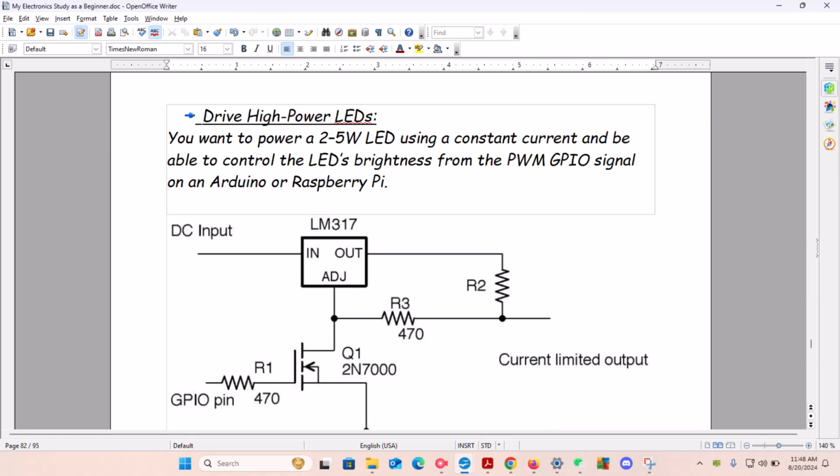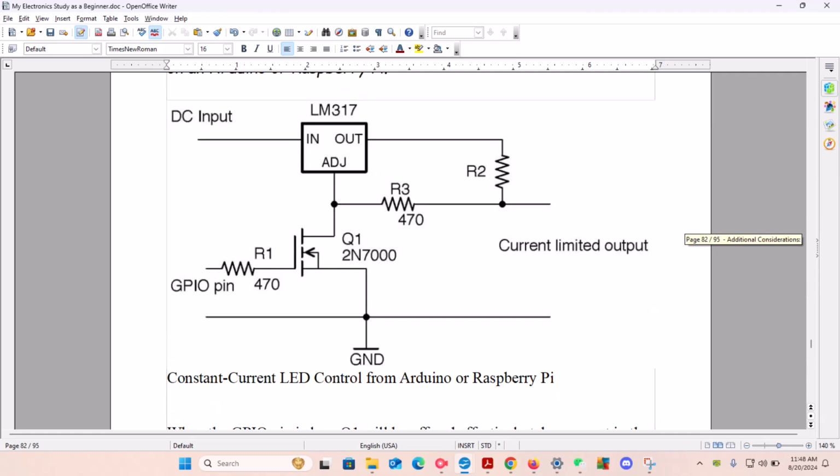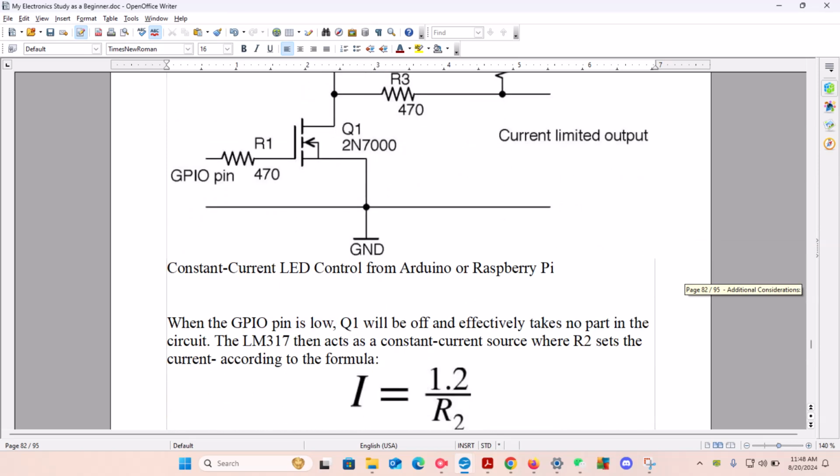Also remember that in an IC, we have a pin for going in and a pin for going out. The out is going to be denoted as R2, which is resistance 2, which is the current limited output. And the GPIO pin will indicate the pin going in, which will indicate resistance 1.